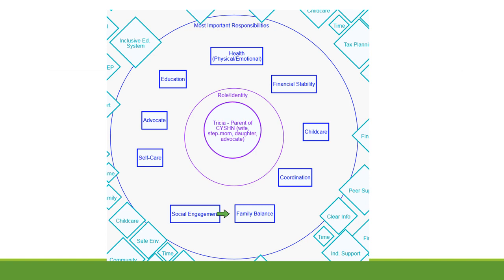But we do find that everybody can have their own expectation, and that has really helped. So that's one example. Does that make sense? I kind of flew through that. But that was one of the ways in which I identified family balance being important to us.